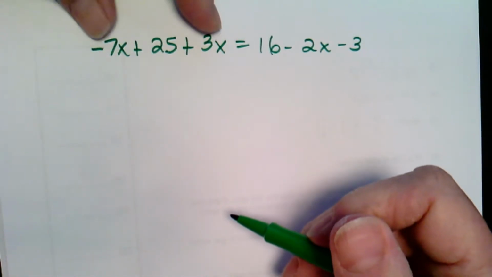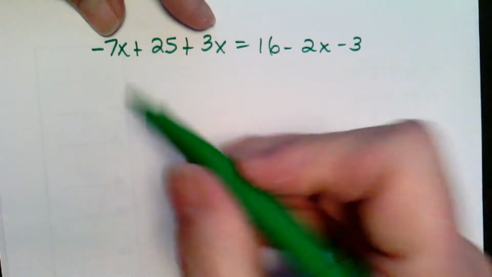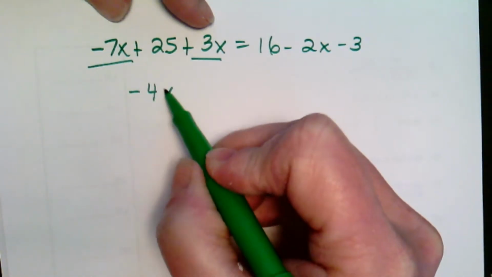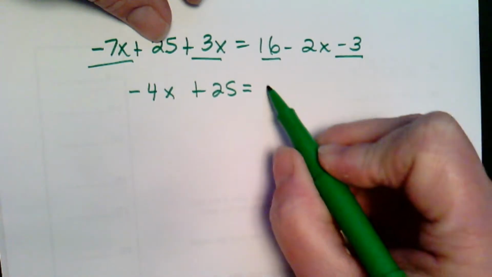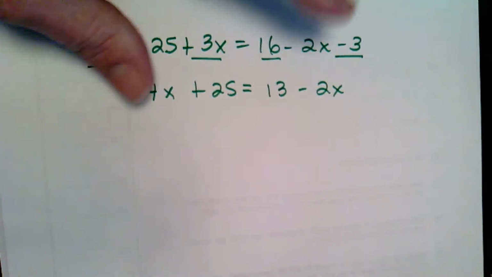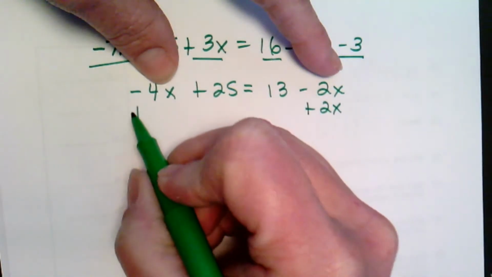Alright, so same thing, simplify each side before we start crossing the equation. So we can put these two together. I didn't touch this one. I can put those two together. Didn't touch that. X is on both sides. Pick a side to get rid of it on.